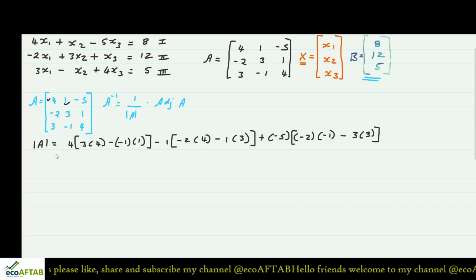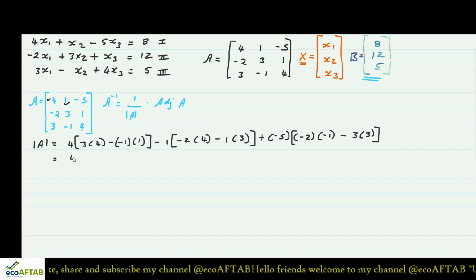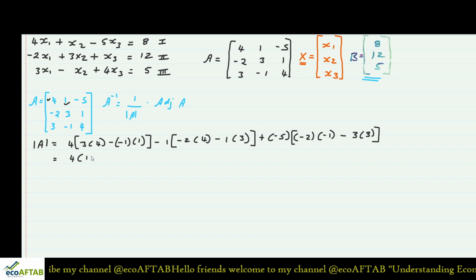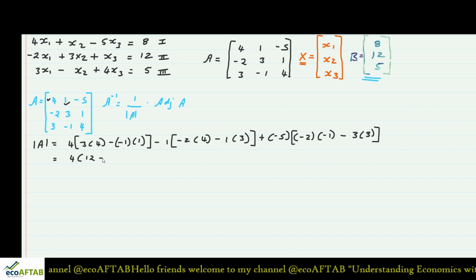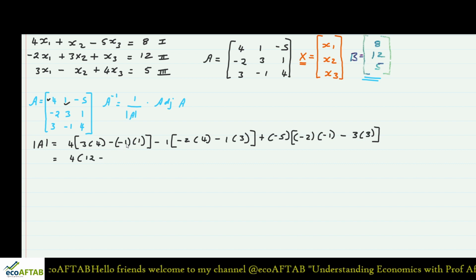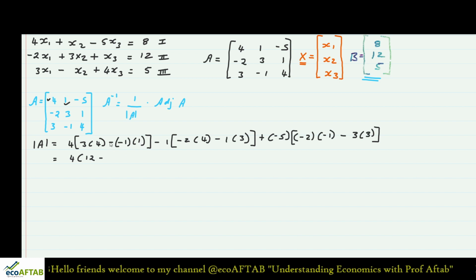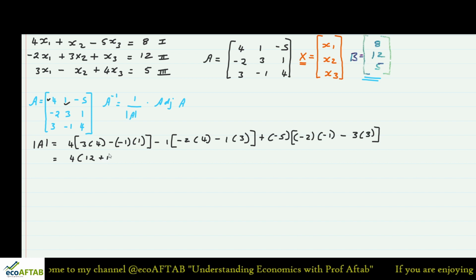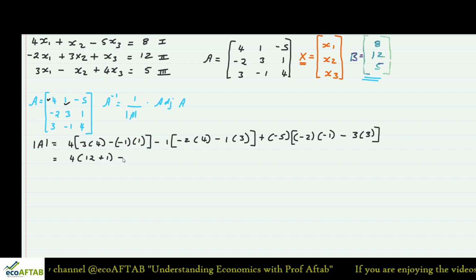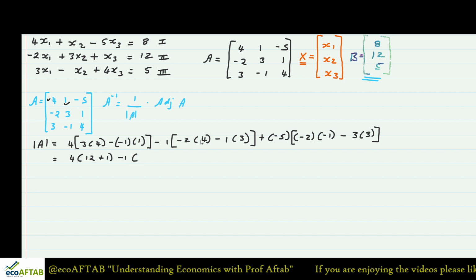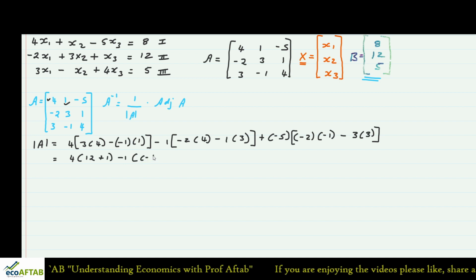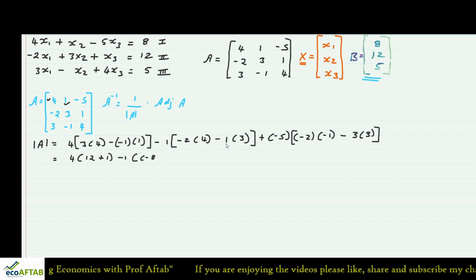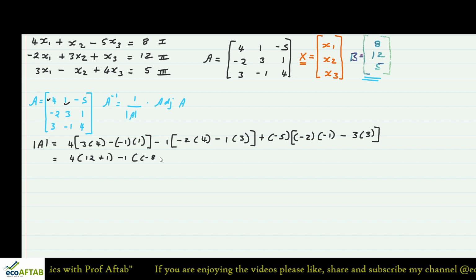So now next what we get over here is this is equal to 4 in the bracket, 3 fours are 12, minus minus 1 into 1 is minus 1, minus into minus is plus, so this becomes plus 1. And here it is minus 1 multiplied by minus 2 into 4 is minus 8, minus 1 into 3 is minus 3.